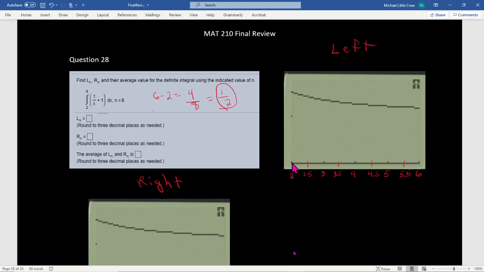So when we do left, we go from the left side, and we make our first rectangle all the way to the top. We go over till the next division, and notice this time we're slightly overestimating with the left, which means when we do the right, we'll slightly underestimate. The next one is 2.5. We come to where it hits the graph, and we make our rectangle to the next one.